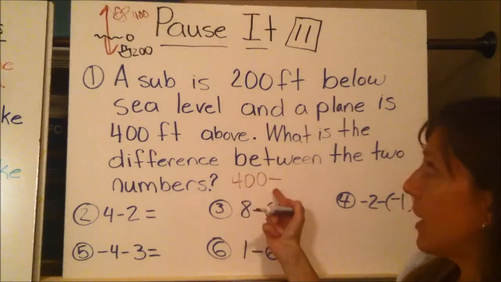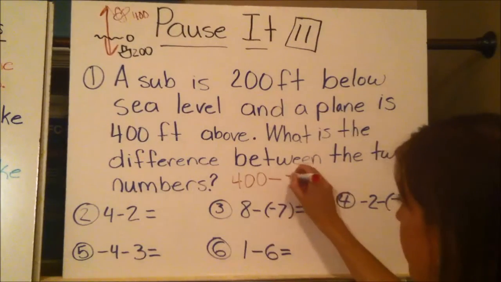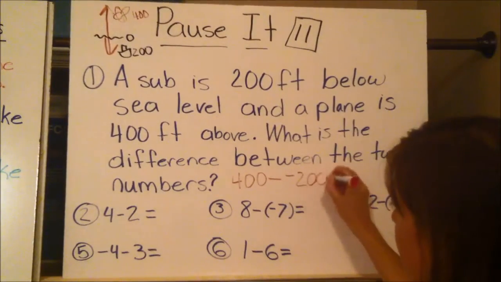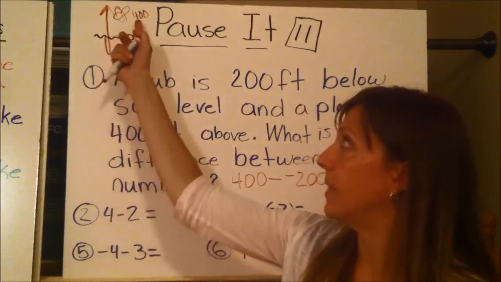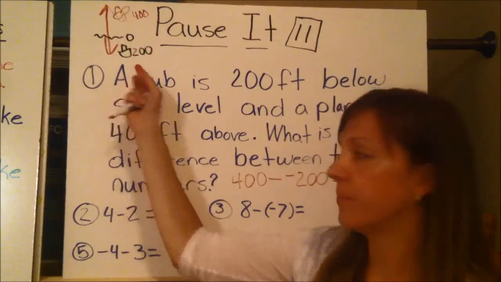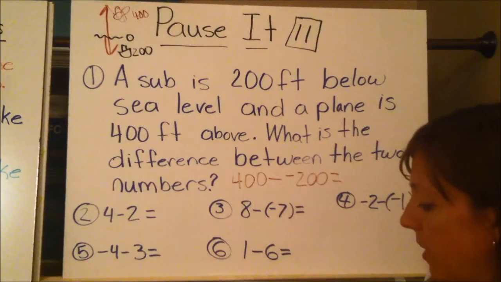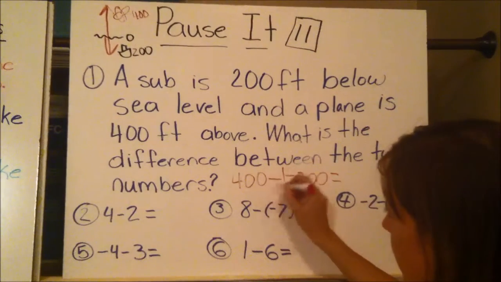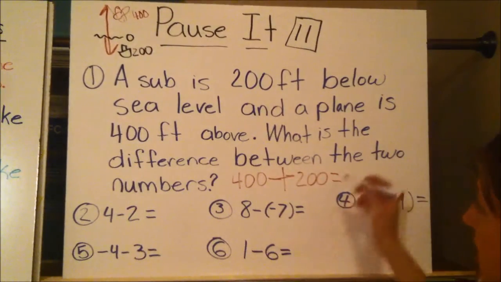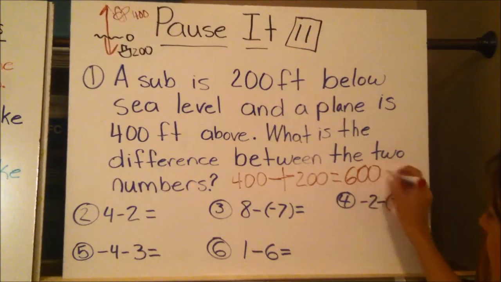So 400 minus a negative 200 is going to give me the difference between the airplane and the sub. Well, these are two negatives put together. So I can change those. We're subtracting a negative, and all that we have left is positivity. 4 plus 200 is 600 feet.